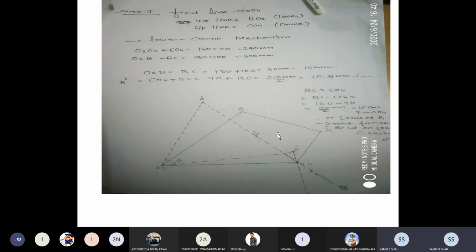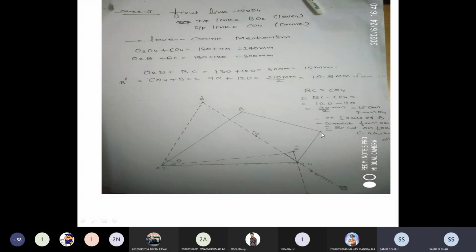After that, you may extend that line. You have to extend that line after that. Where to? It depends on this O4C.